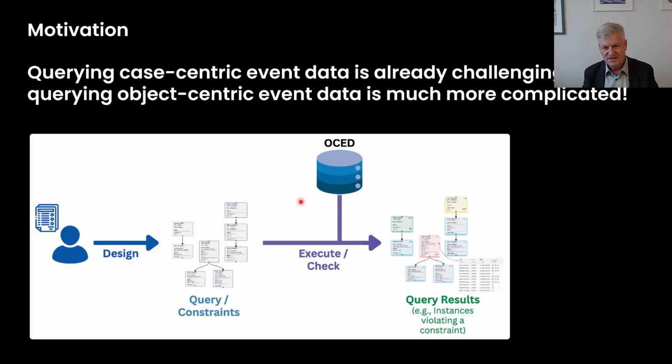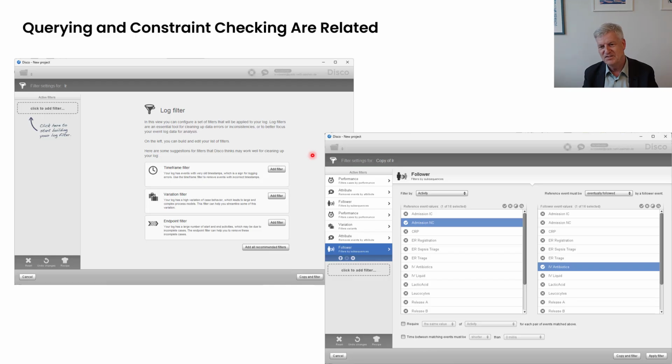An interesting observation is that if you look at querying and checking constraints, they are very much related. As an example, I'm using here the Disco tool. Disco is not supporting conformance checking, like giving a process model and checking whether the data fits the model.